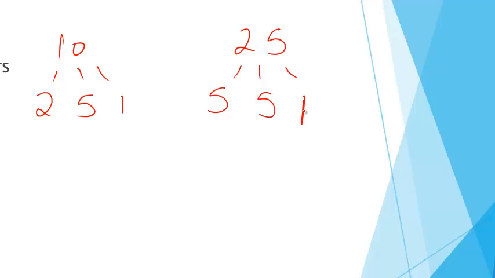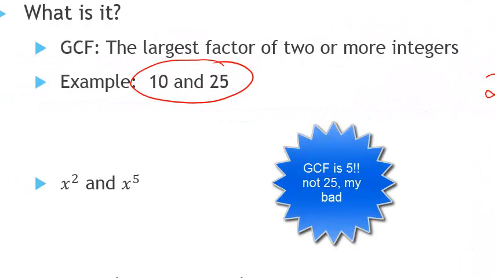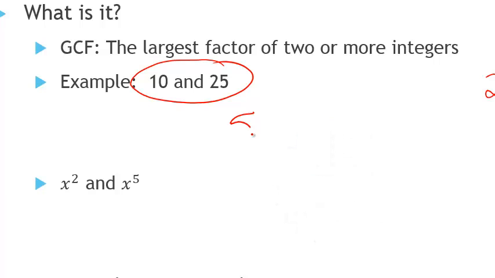So 5 times 5 is 25. So the greatest number that's shared between both of these is 5. So the GCF is 5. Done.